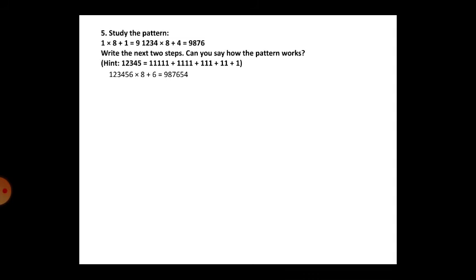So let us see 1 2 3 4 5 6 multiply with 8 plus 6, because here it is a 6 digit number. So you have to add 6 here. 1 2 3 4 is a 4 digit number, so you added 4 there. Here 1 2 3 4 5 6 is a 6 digit number, multiply with 8 plus 6, so if you multiply this and add the number you will get 987654.